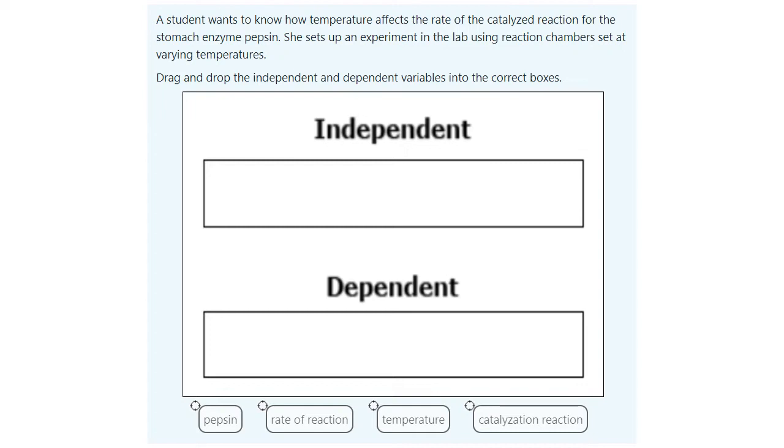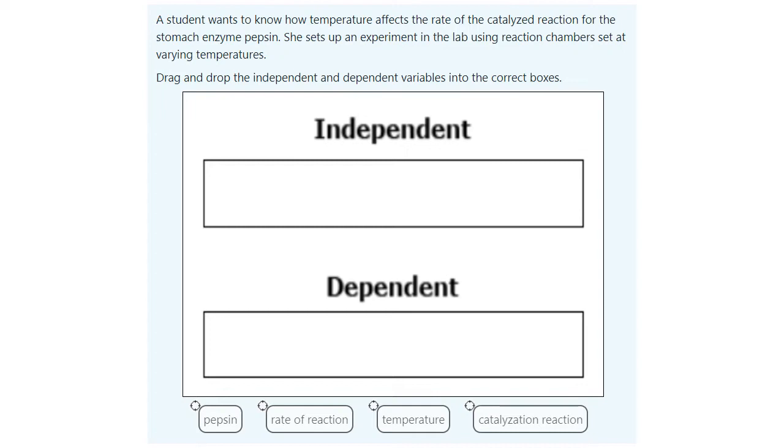The independent variable is always the thing that the scientist wants to change. And the dependent variable changes because of the independent variable. There is a correlation between these two. There's a link between these two. The independent variable affects the dependent variable.